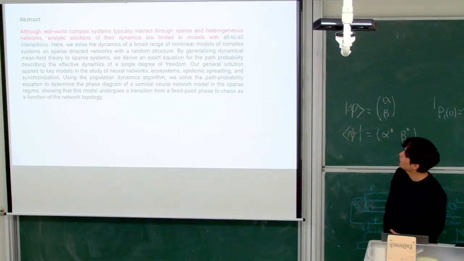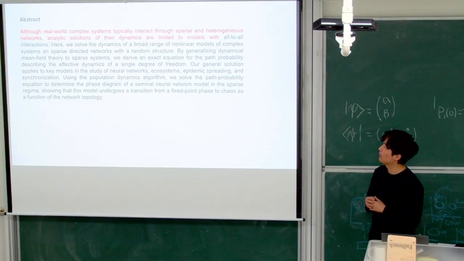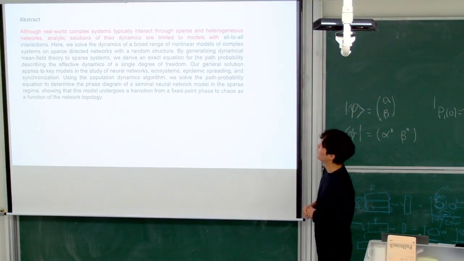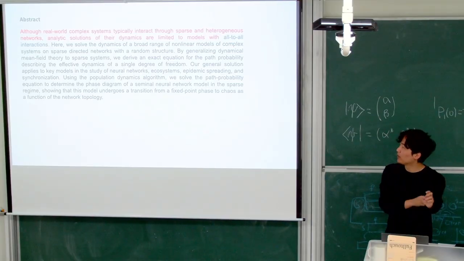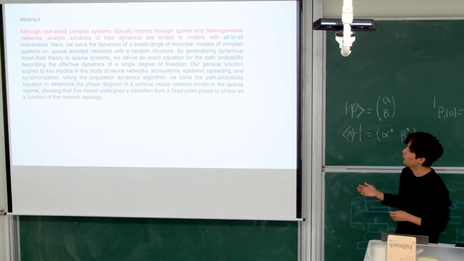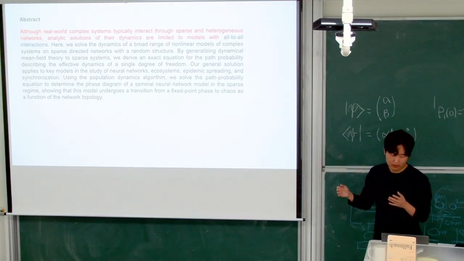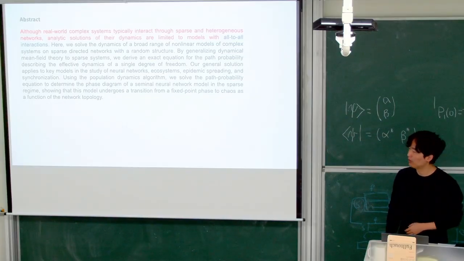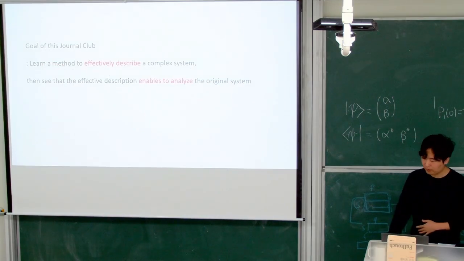So for instance, in previous methods, the mean-field limit on the network is based on the all-to-all interaction. But the whole point of dynamical mean-field theory is to generalize the network from all-to-all to other things like heterogeneous or sparse networks. This is the content of today's journal.